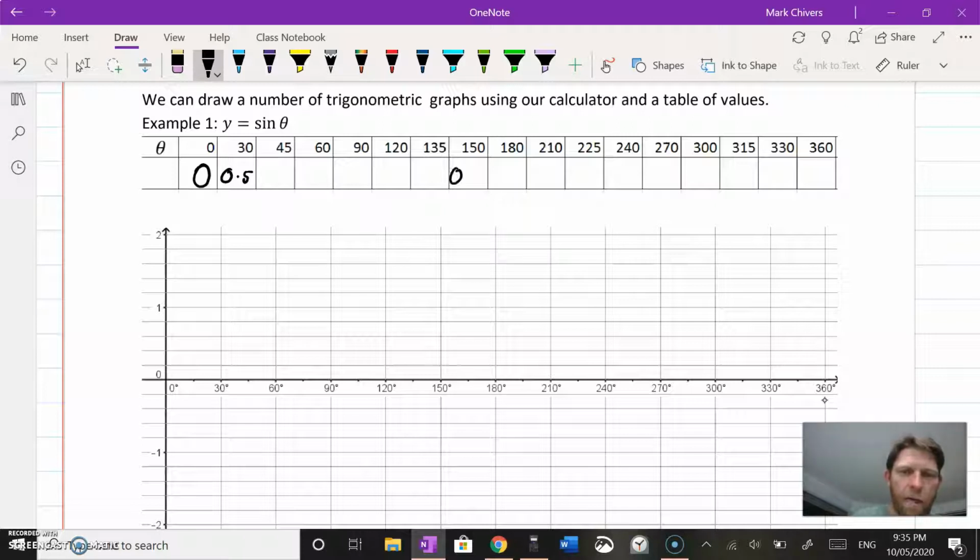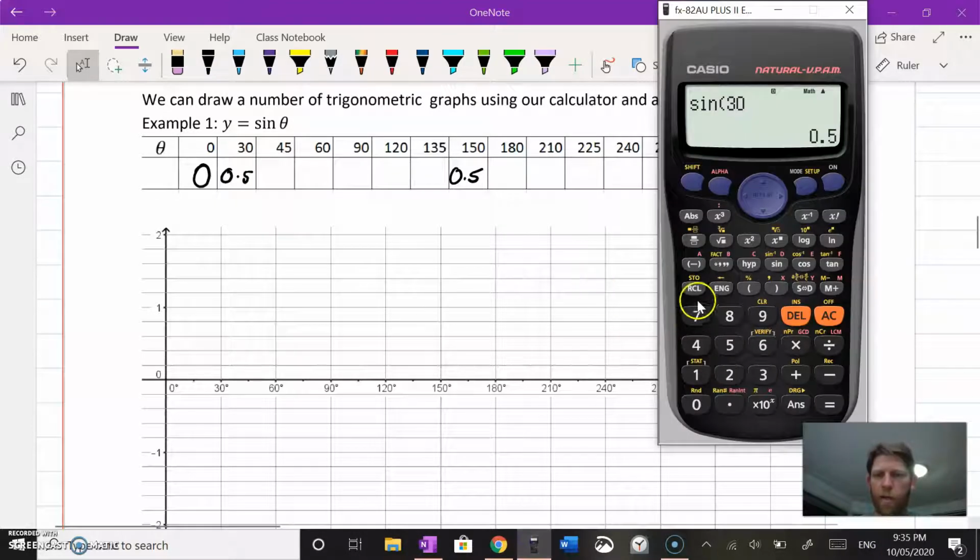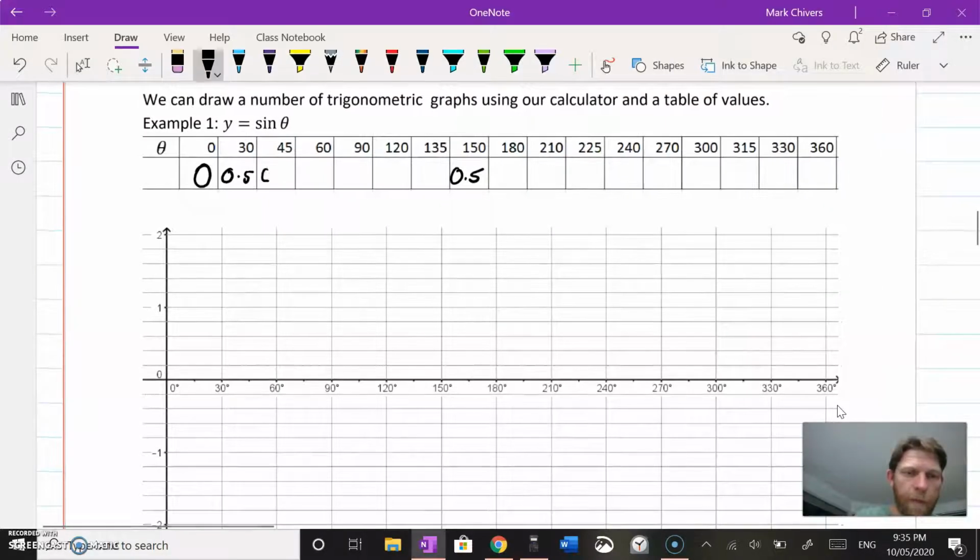So I know without even using my calculator that that's going to be 0.5, because with sine, for every acute angle, the obtuse angle that adds up to 180 will have the same ratio. So if I do, for instance, sine of 45, I'm going to get 0.7, and I know that if I add 45 to 135, I'm going to get 180, so this one's going to be 0.7 as well.